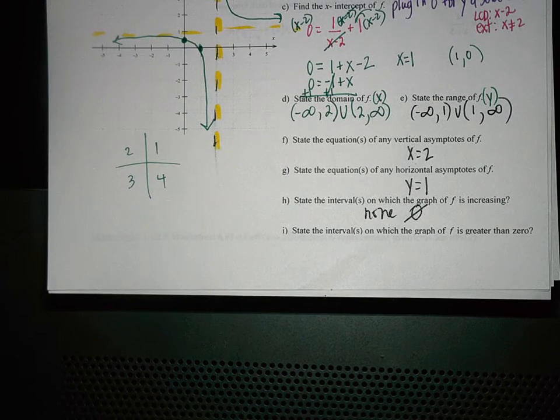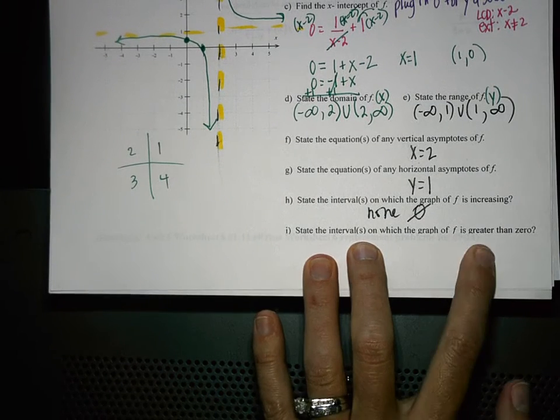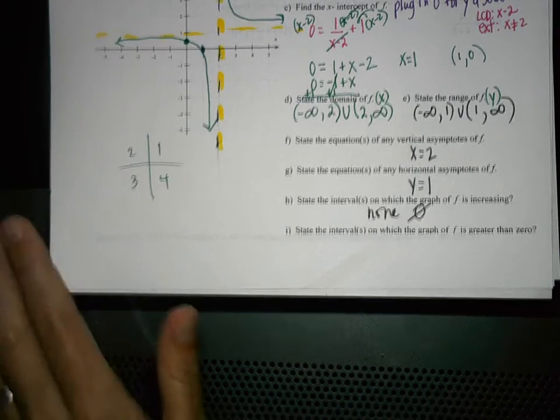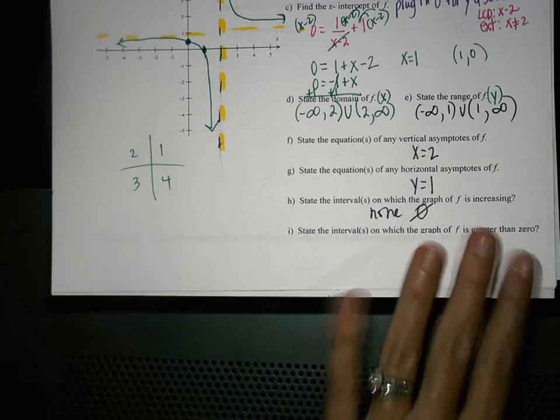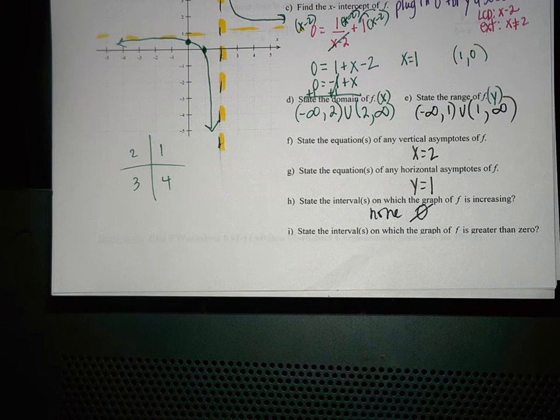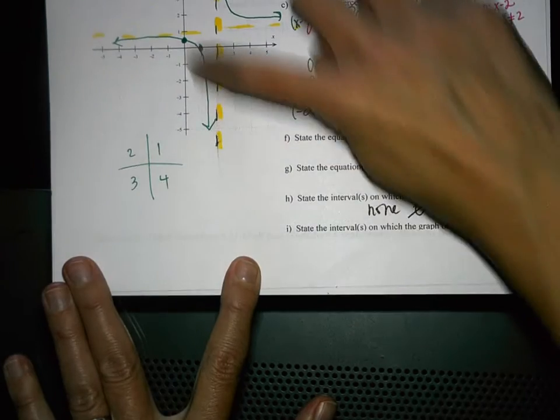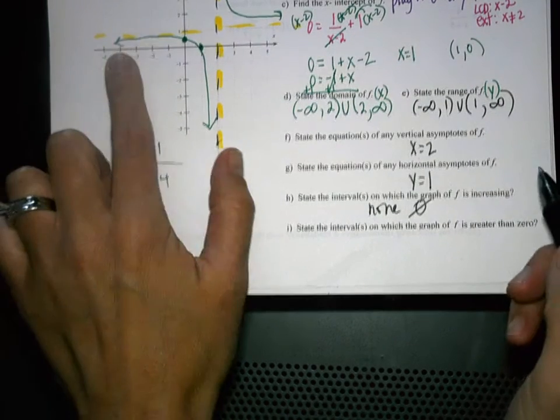Okay, then it says, state the intervals on which the graph of f is greater than 0. Whenever you're talking about 0, you're talking about your x-axis. So when is it above 0? When is it above the x-axis? Here it's below the x-axis. Okay, so what is the interval?